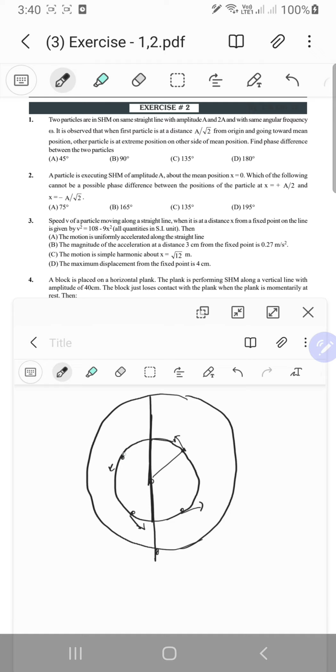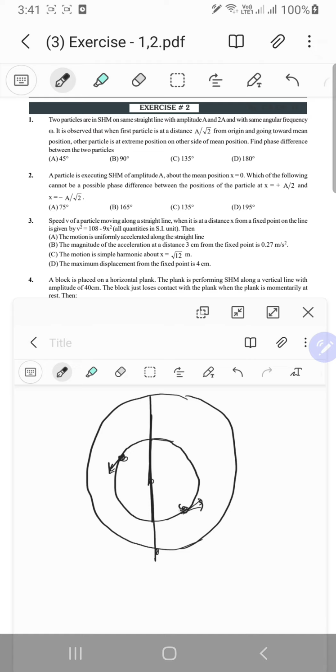Only in this position and in this position is it going towards the mean position. So that means that these are not correct, and only these are the ones which I should consider.